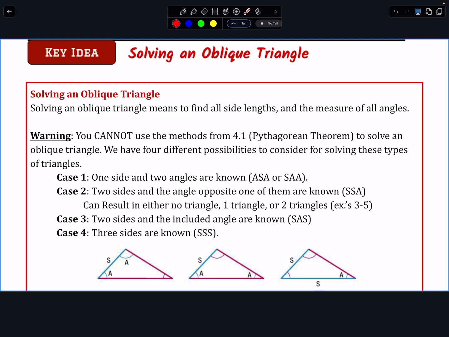All right, solving an oblique triangle means still find all the sides, find all the angles.